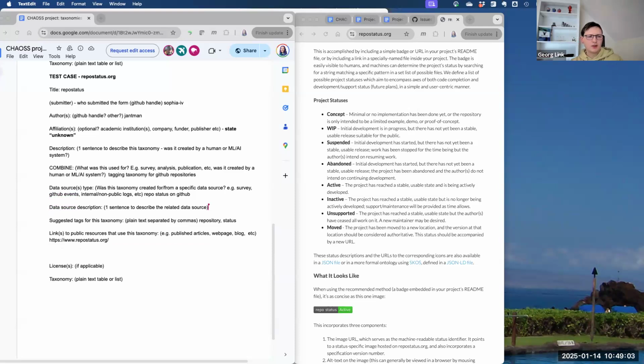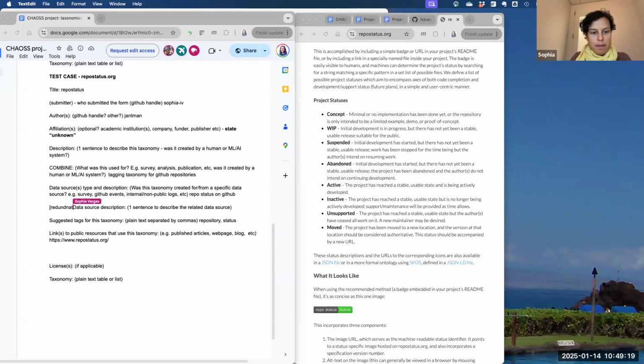Yeah, it's not clear how they are different. I think one is if you are fueling or automatically assigning the taxonomy, what data are you considering? Yeah.